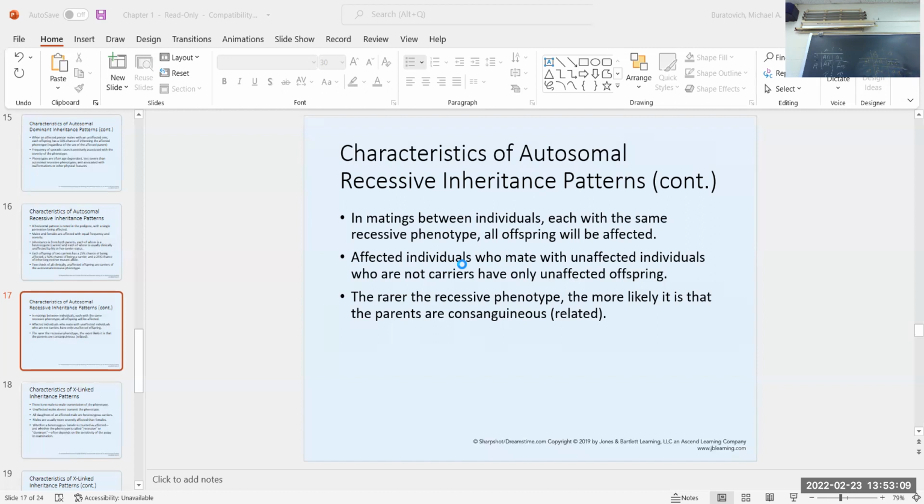So let's just take an X-linked trait, for example. Let's say this individual is red-green colorblind. That allele is on that chromosome. This one here, the allele is normal. Let's say she has kids with a chap who is not colorblind.